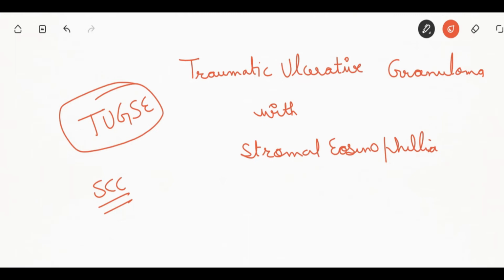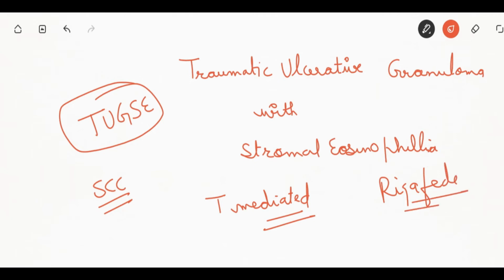What is the pathogenesis of this disease? It is probably T cell mediated. The trauma may be due to malposed teeth or a partial denture. In infants, erupting teeth may cause sublingual ulceration, which is referred to as Riga-Fede syndrome.